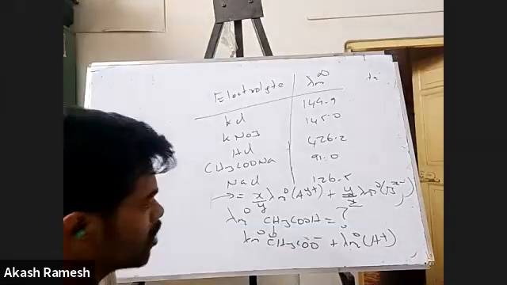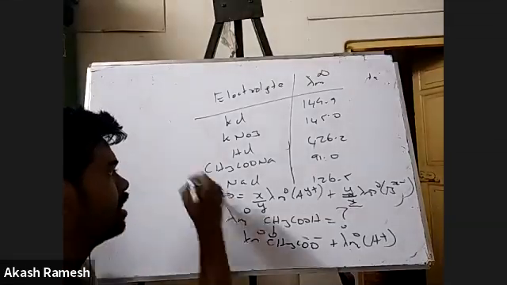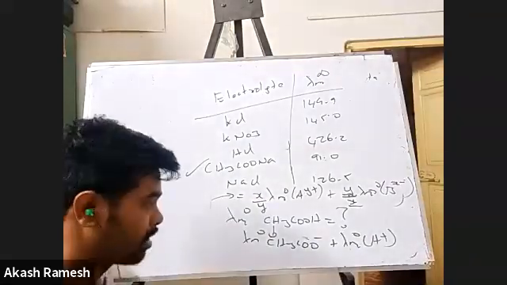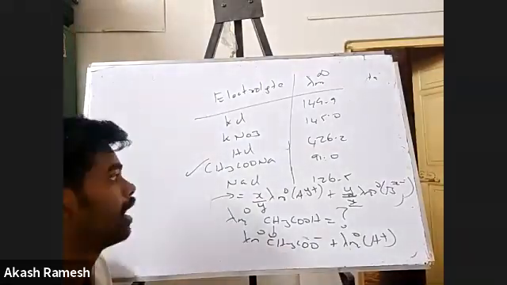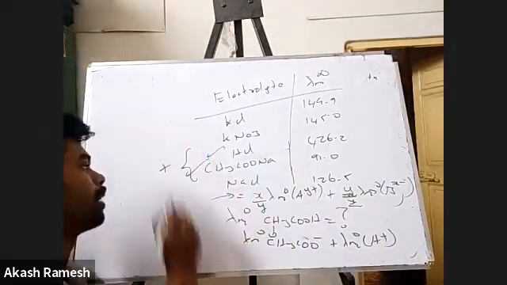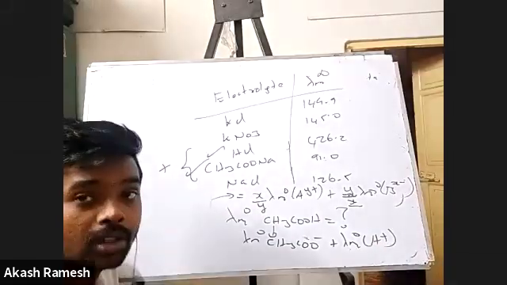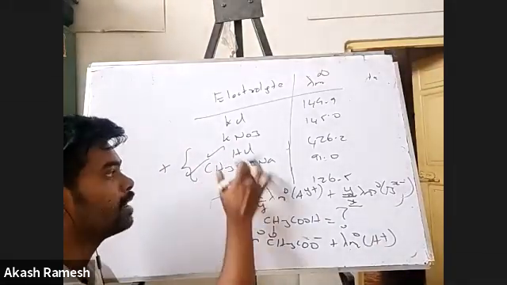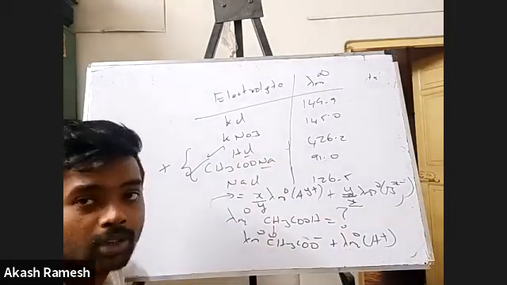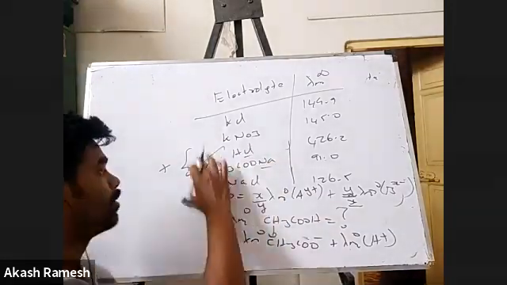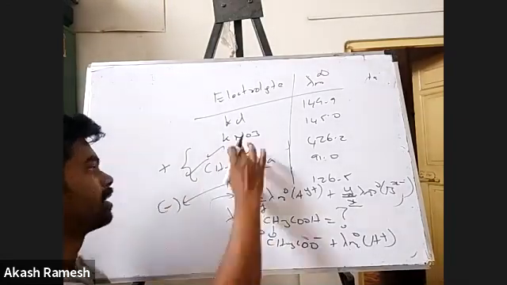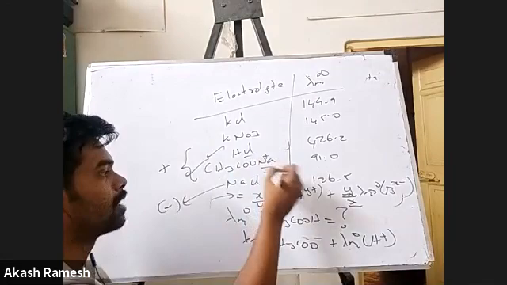So first we'll check for CH3COO minus. Where is it? So here is what I have. I have to take it because I require this. And I require H plus, which is here. So obviously you will add these two values. Now when you add these two values, you will be getting CH3COO minus and H plus, but extra you will be getting Na plus and Cl minus also. So you add these two and subtract this.